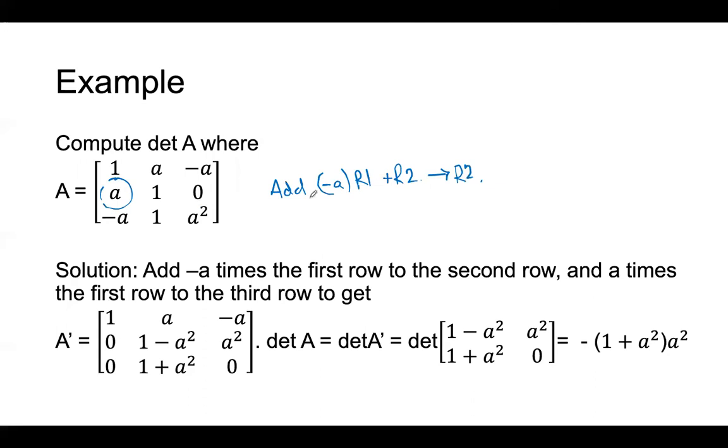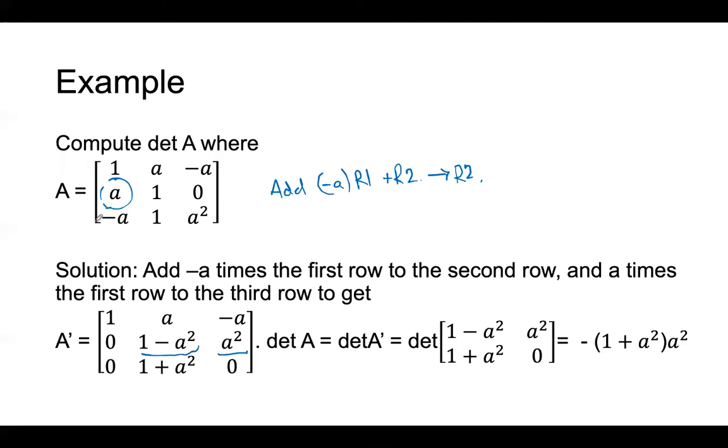Then we would get 0. For the next one, it's -A times A, so that's -A squared, plus 1, so we get 1 minus A squared. Next one's -A times -A, so that's A squared plus 0, so A squared.